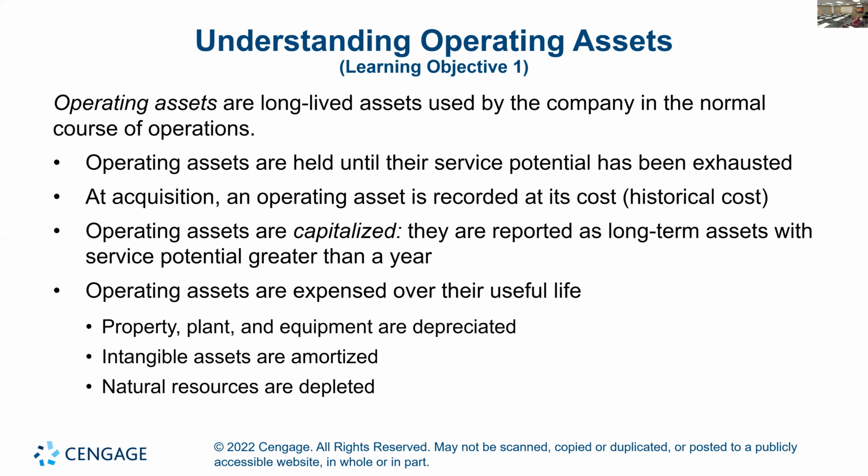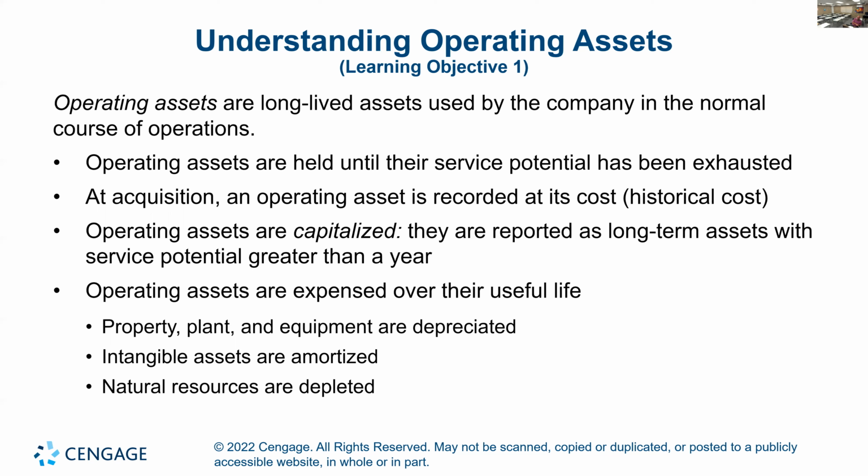There are 3 major types. There's property, plant, and equipment, and that's what we're going to spend the majority of this chapter on. They go through a process called depreciation, which we talked about back in chapter 3 with adjusting entries. And we're actually going to learn to calculate some depreciation in this chapter. There's intangible assets. Those are things we cannot touch, patents, copyrights, and the like.